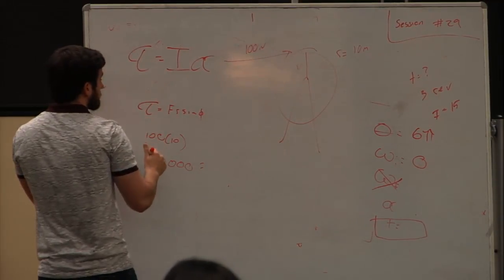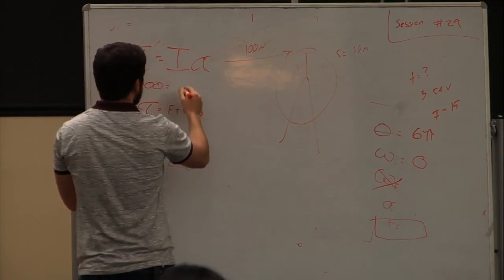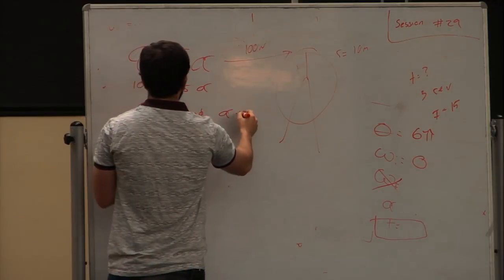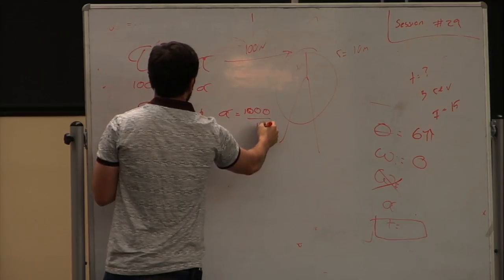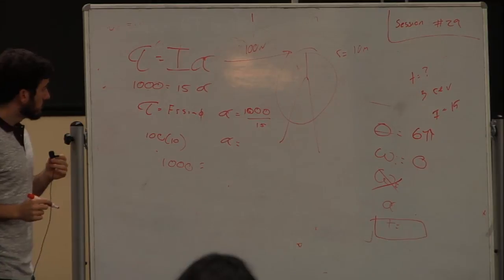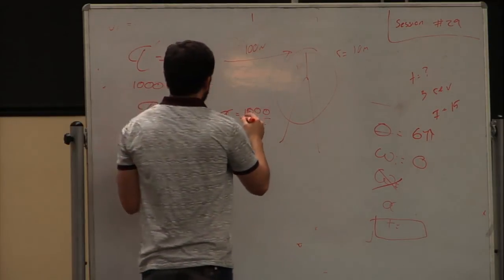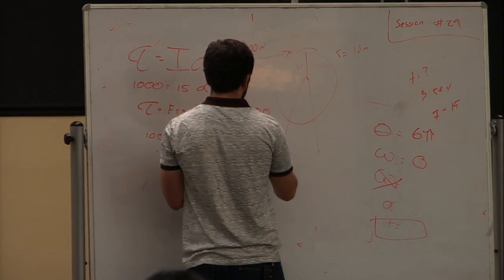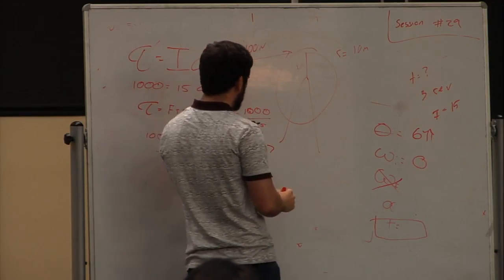What's that equal? 66.7? 1,000 divided by 15? So it would be 66.7. So our alpha is going to be equal to 66.7. So now we have 3 of our 5 kinematic variables. So we can solve for the other 2.